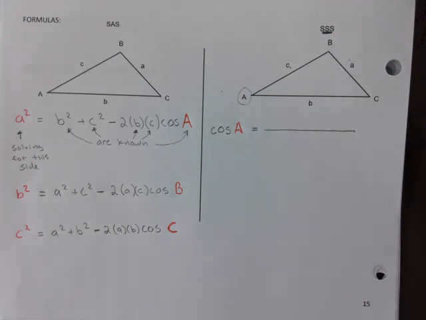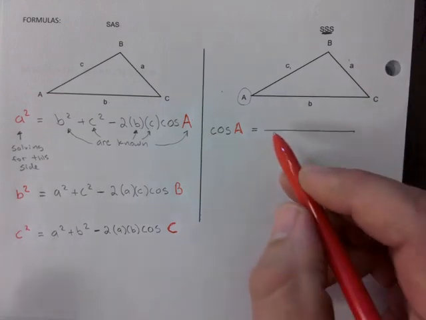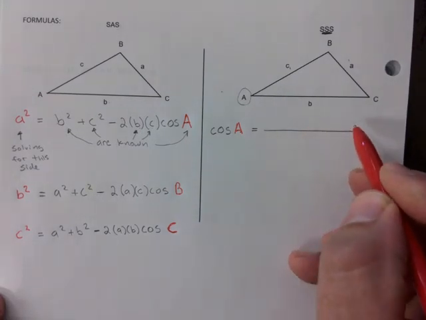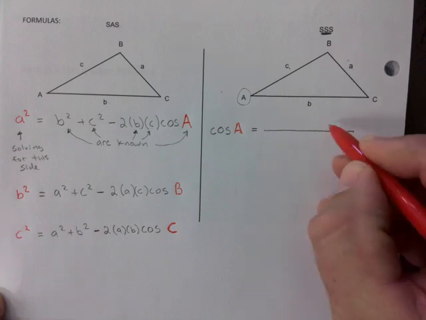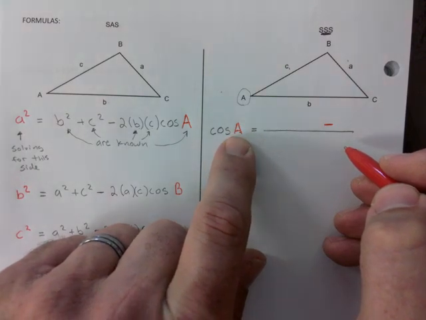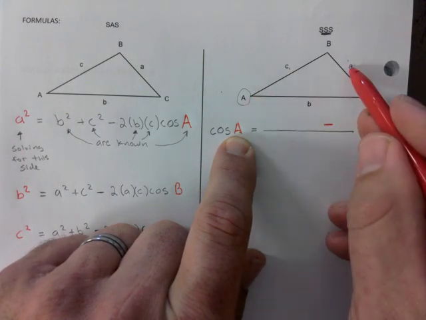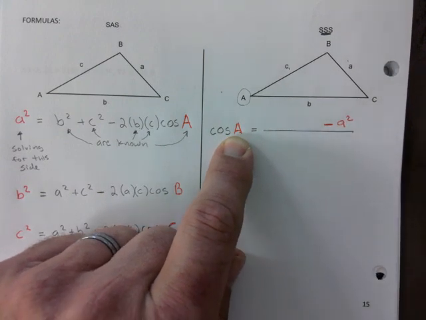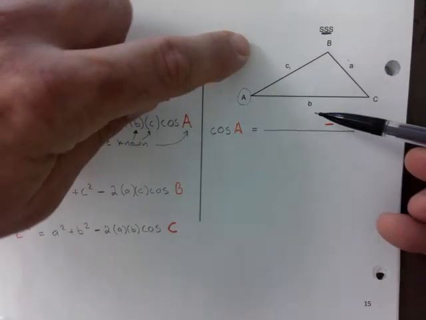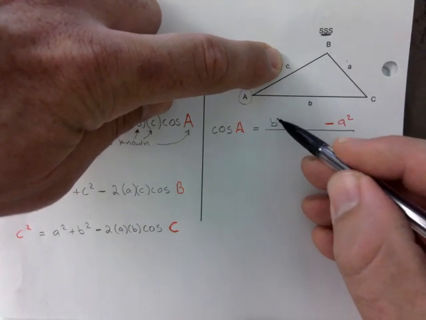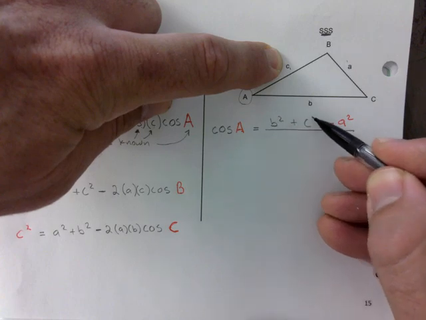And the first thing you're always going to write down, guys, please do this. You're going to have three things, like two things adding and one thing subtracting at the end, one side. And that's the one I want you to write down first, minus the one that's across this angle that you're trying to find, which is side A. You're going to go a squared like that, lowercase a squared. And then you take the other two that you still haven't used, B and C, and just go b squared plus c squared.